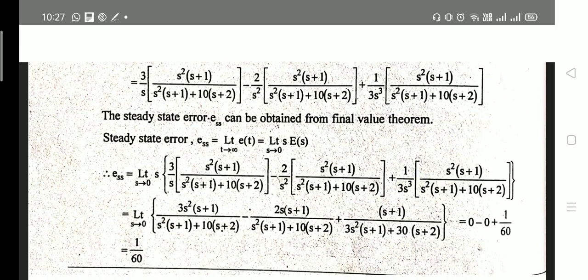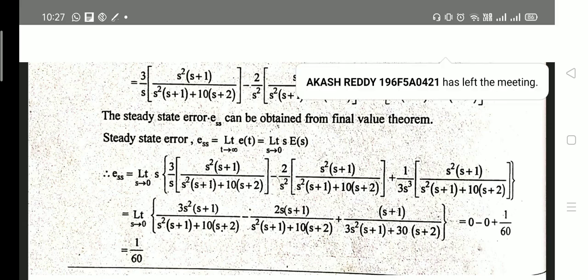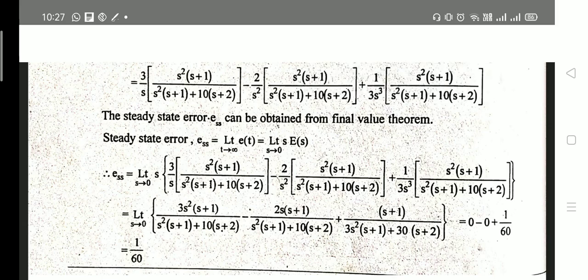Here applying the steady state error formula, that is limit t tends to infinity e(t), which is limit s tends to 0 of s into E(s). So here I am multiplying with s. After that I am simplifying this, then substituting s tends to 0.